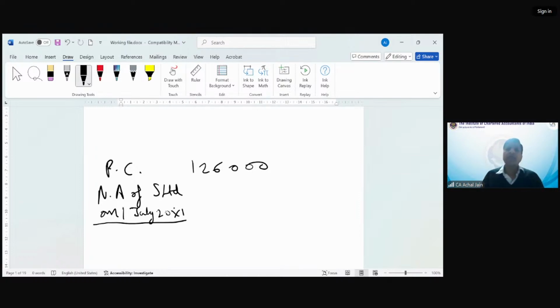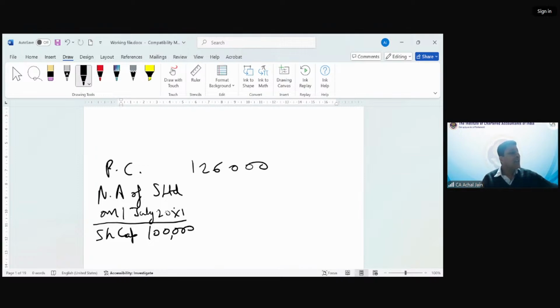For this, we need two things. First, share capital of the subsidiary. Do we have that? Answer is yes, it is available in the balance sheet. Share capital of subsidiary has not changed, so it's 1 lakh.